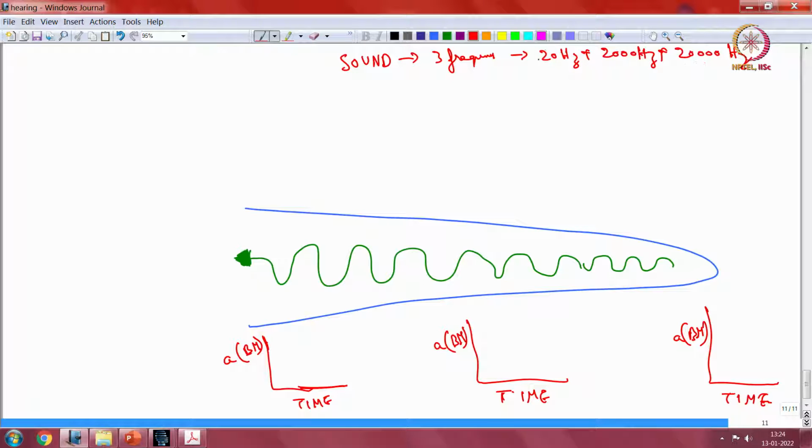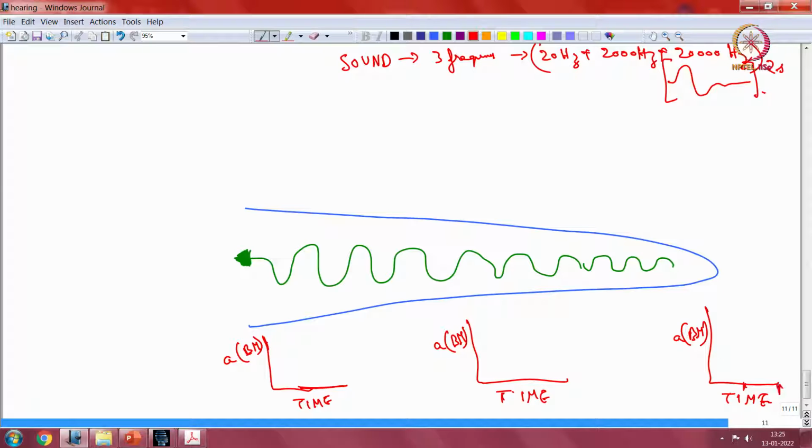The signal consists of about say 2 seconds of this complex sound which contains these 3 sets of frequencies. So, we are looking at a waveform which has been sent into this membrane, and what happens with this waveform.